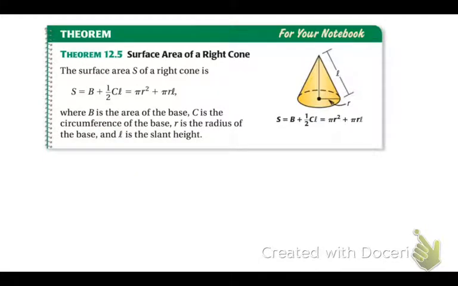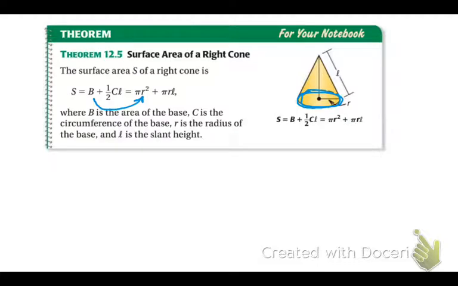Okay, so let's look at a cone. So here we have the base. Okay, in this case, the base is a circle. So the area of a circle is pi r squared. And then 1/2 the circumference, which is this length around here. It's the same idea as a perimeter in a polygon.